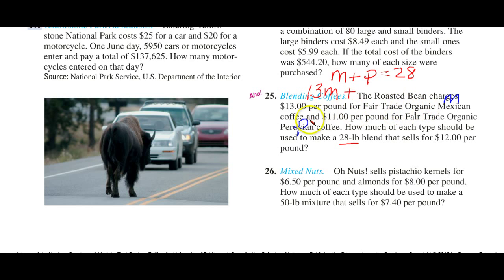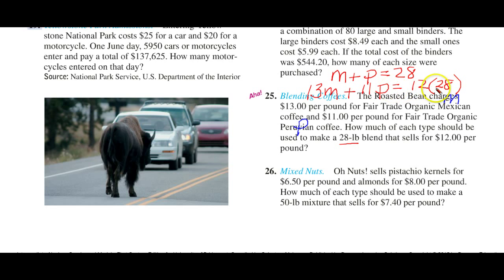The Peruvian is 11. And you're going to end up with something that is $12 for these 28 pounds. So this is the pattern, the model to follow when you do something like this. So M plus P equals the total number of pounds you want to end up with. This is the cost per pound of this, the cost per pound of this, and then this is the cost of the pounds.